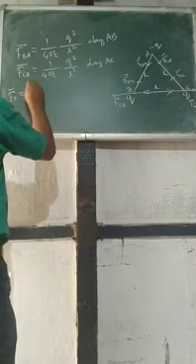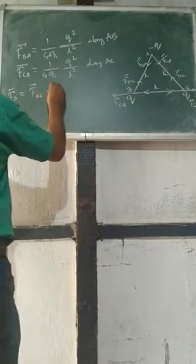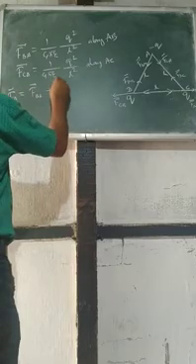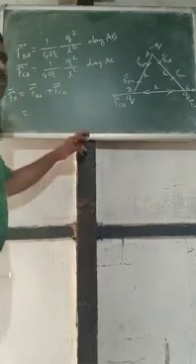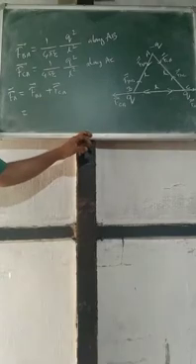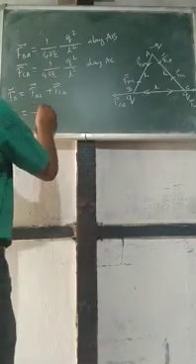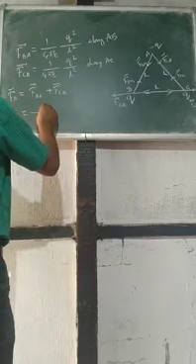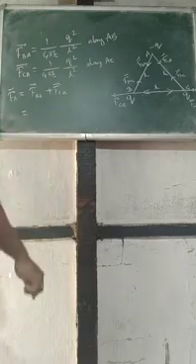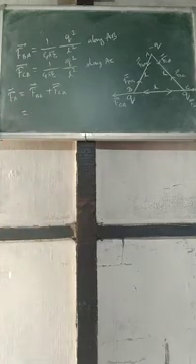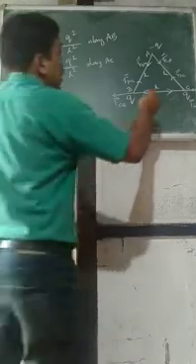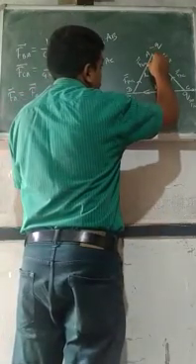What is the vector sum of F_BA and F_CA? You cannot simply add them; we have to calculate using this 30 degree, this 60 degree.